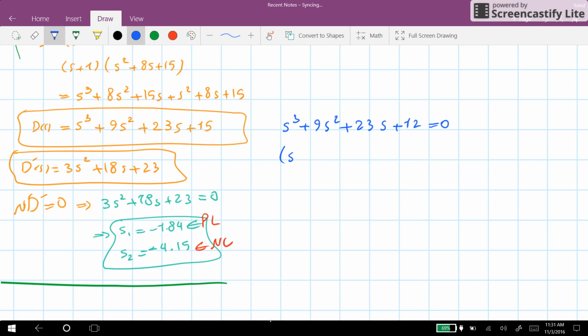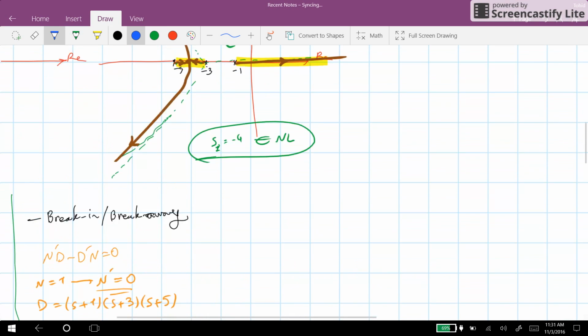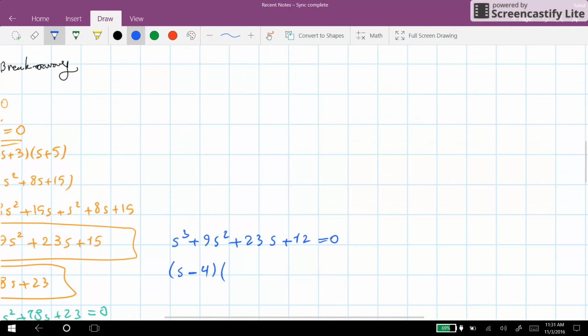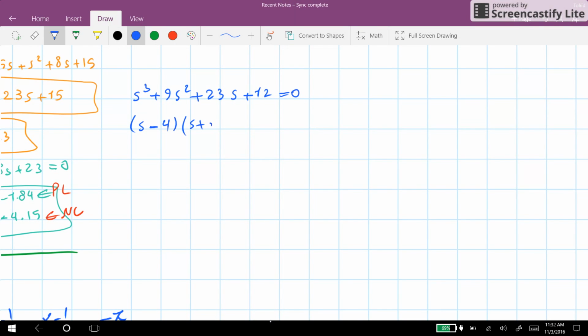And we already know that there is a root at minus 4, and then there are two real roots, because one of the roots will be somewhere around here on the right hand side of minus 1, and one of the poles will be between minus 3 and minus 5. So therefore here we will have s plus a times s plus b equal to 0.